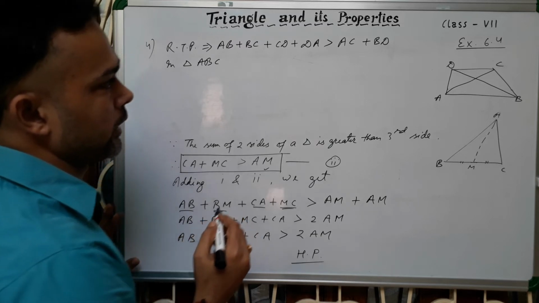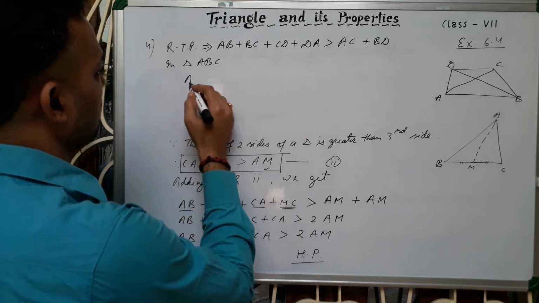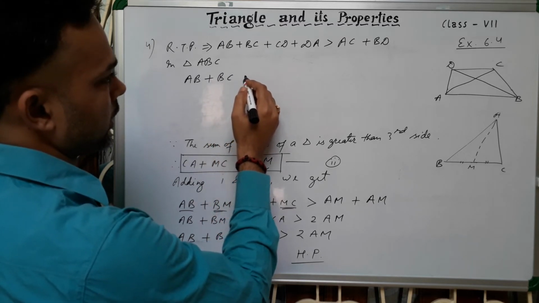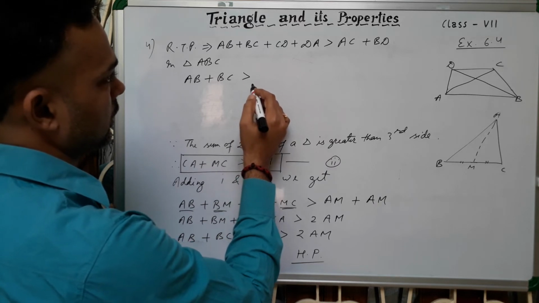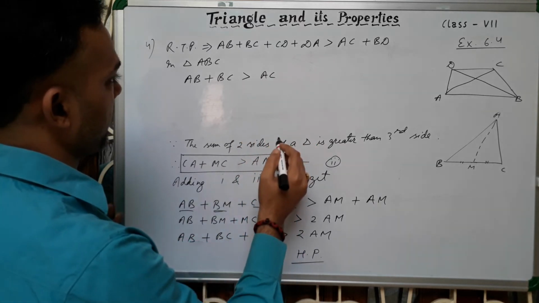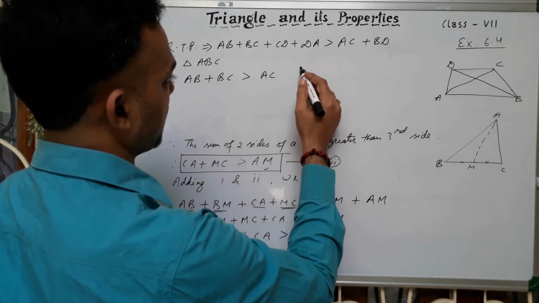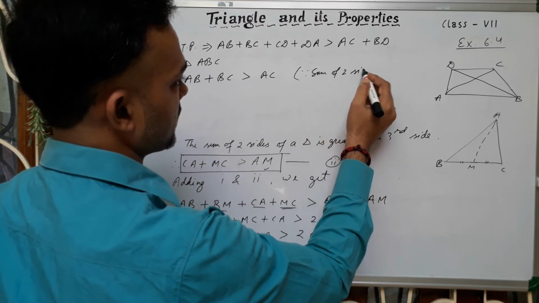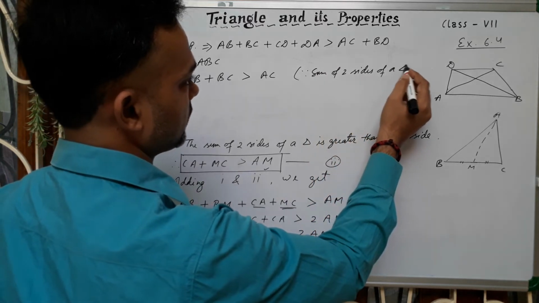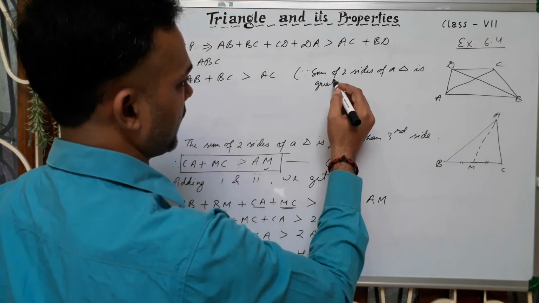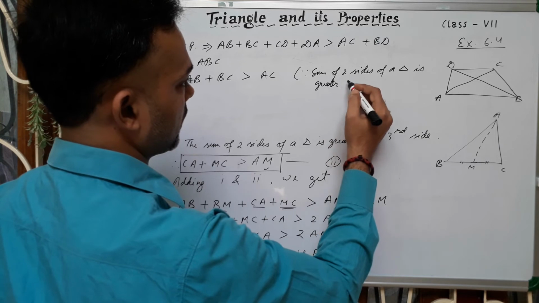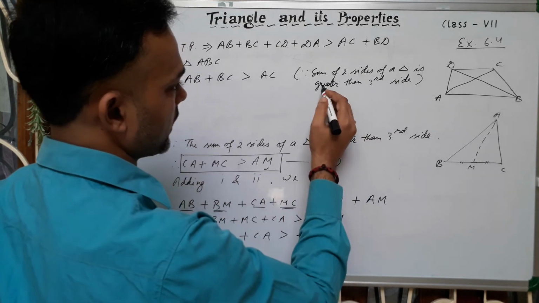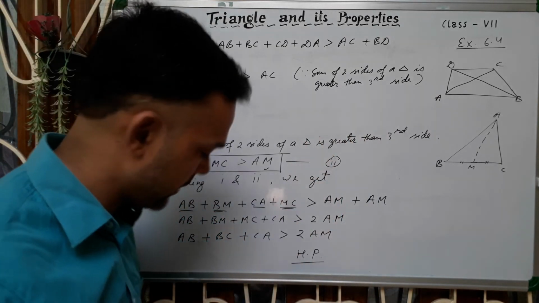Okay, over here what will be happening is AB plus BC will be greater than AC. Okay, since, mention the reason, since sum of two sides of a triangle is greater than third side.